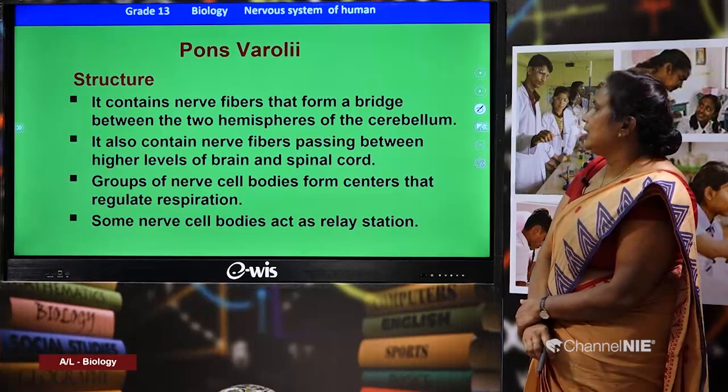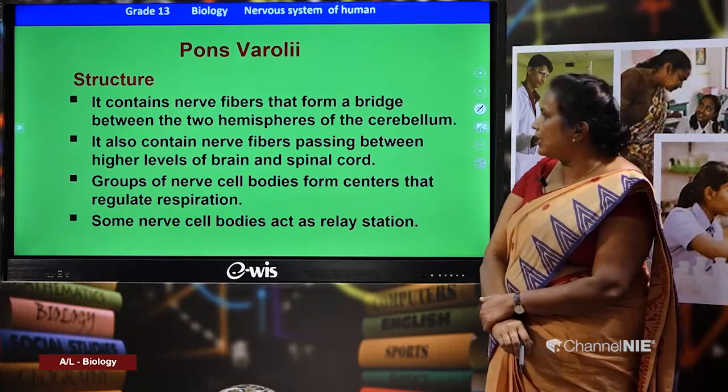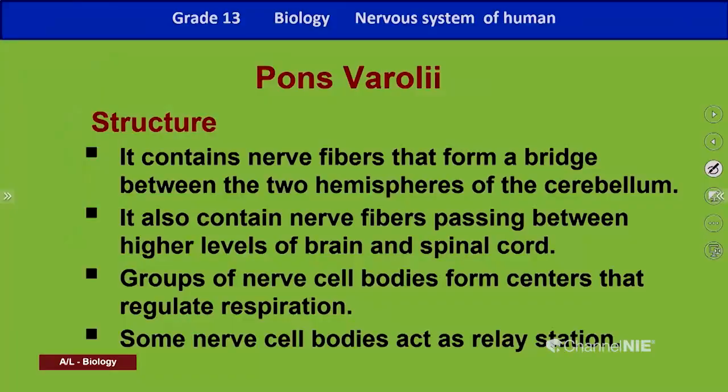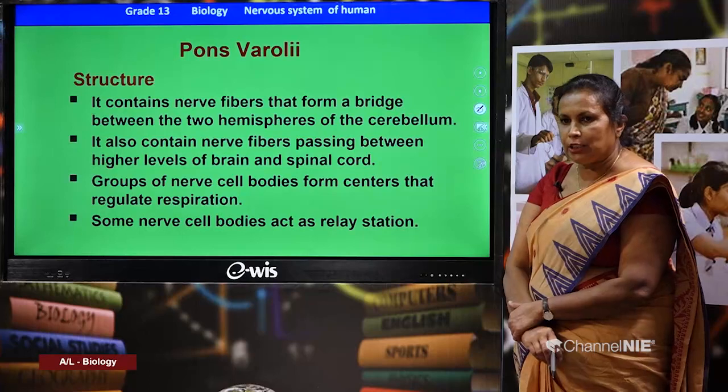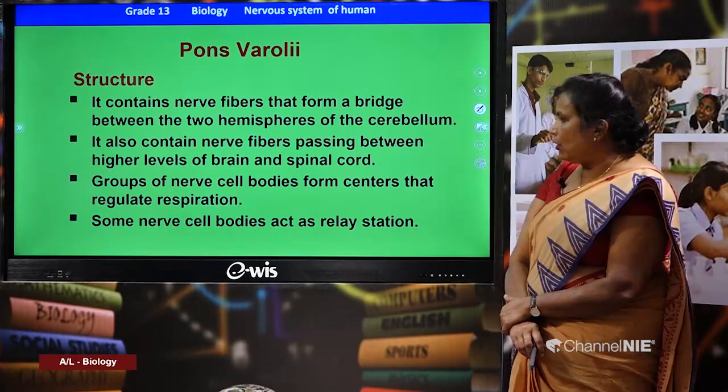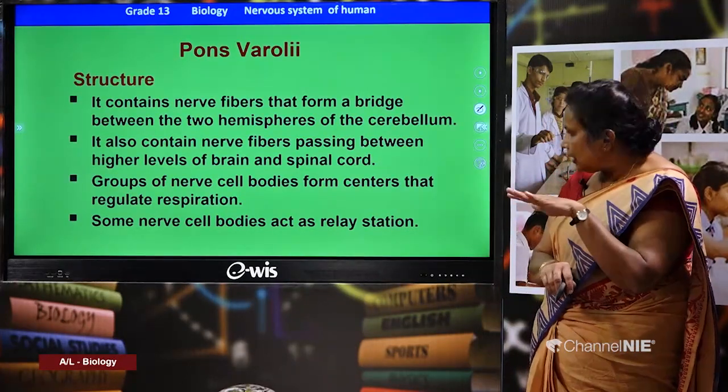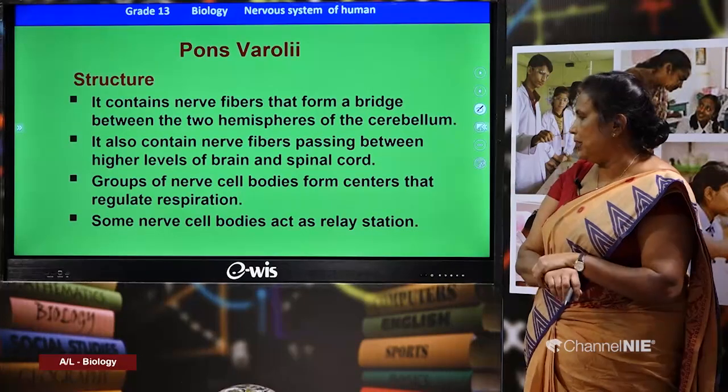Then the structure: it contains nerve fibers that form a bridge between two hemispheres of the cerebellum, right. It contains nerve fibers that pass between higher levels of the brain and the spinal cord. Groups of nerve cell bodies form centers that regulate respiration. When you study respiration, you study about the regulation of the rate of respiration.